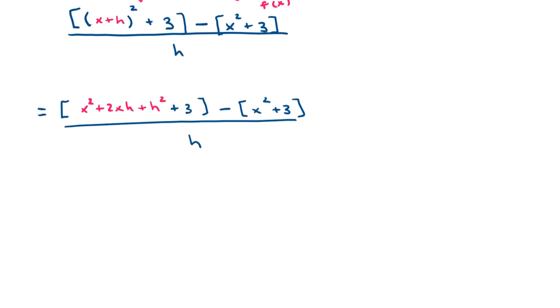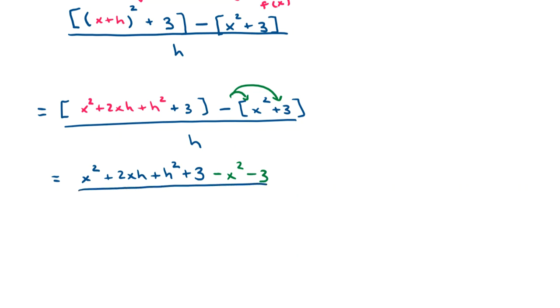Then what you want to do next is clear these brackets via distribution of the minus sign. You can remove the first set of brackets as well. There's nothing to distribute in front of it. So I'm going to write x squared plus 2xh plus h squared plus 3, and then minus x squared minus 3, all over h.